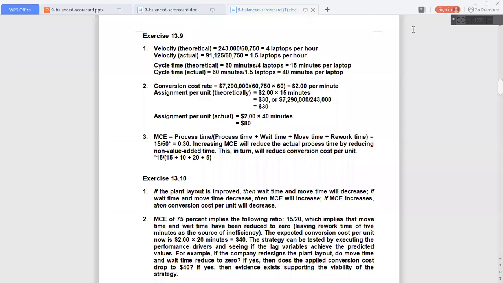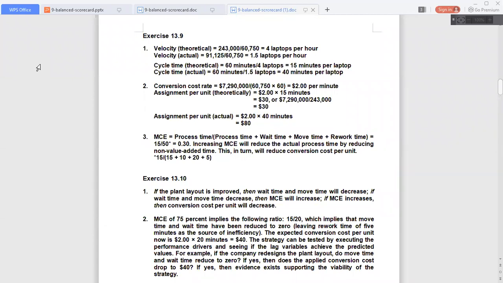Theoretical and actual velocities per hour, and the theoretical and actual cycle times, minutes per unit produced. Okay? So we have now the Computador SA manufacturing plant in Des Moines that has the theoretical capability to produce 243,000 laptops per quarter but currently produces 91,125 units.